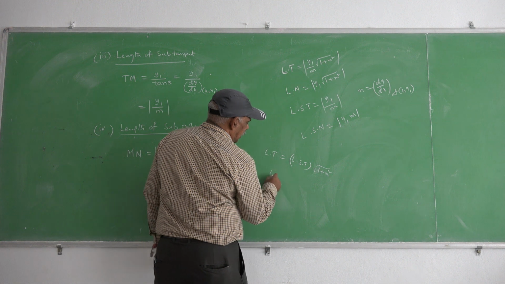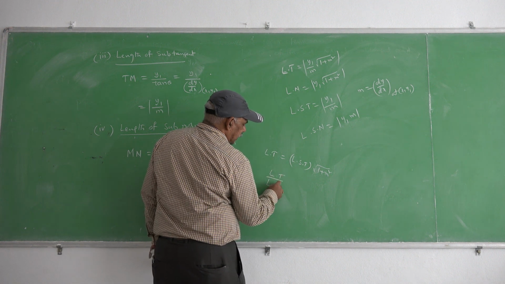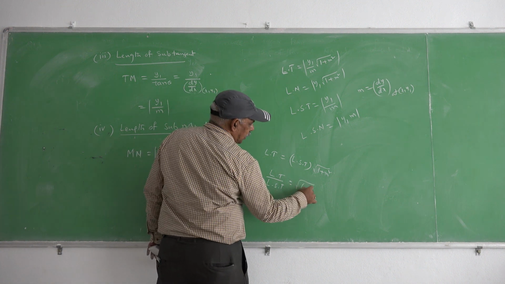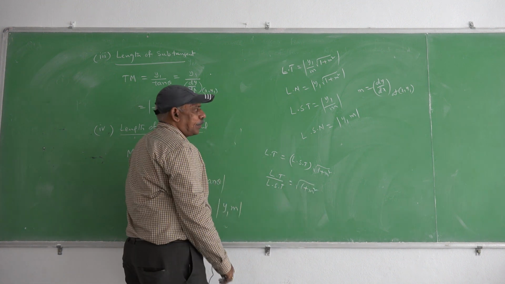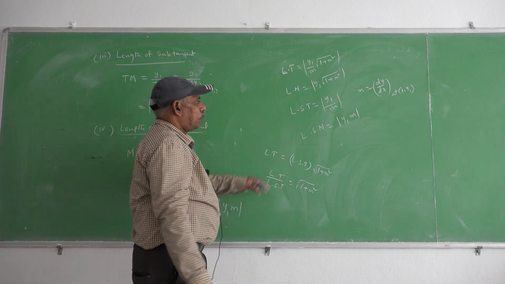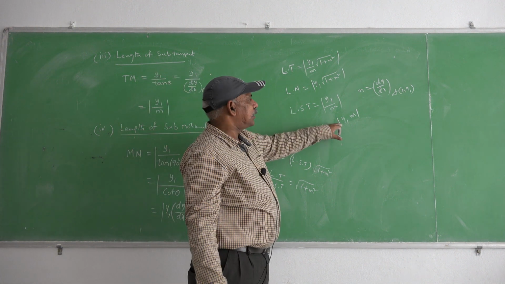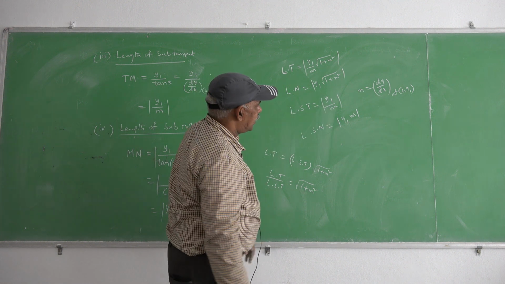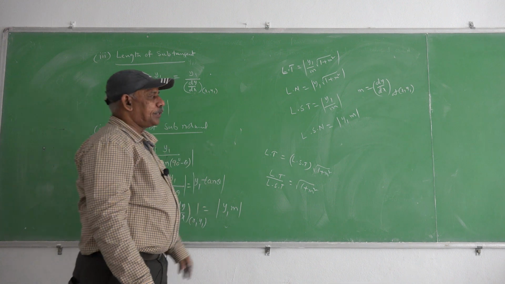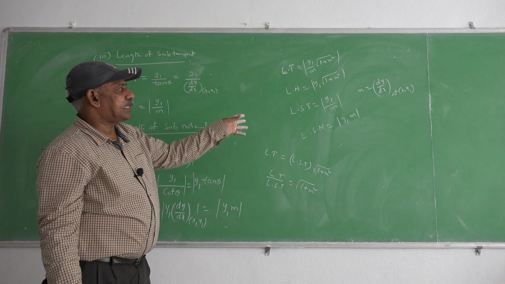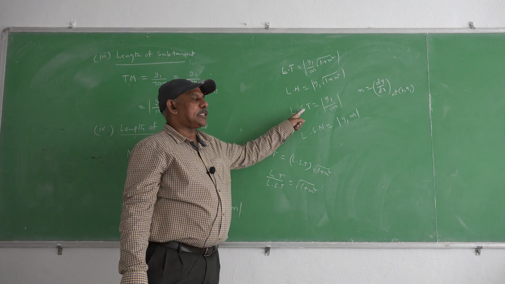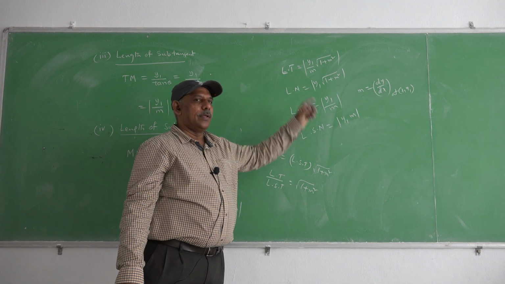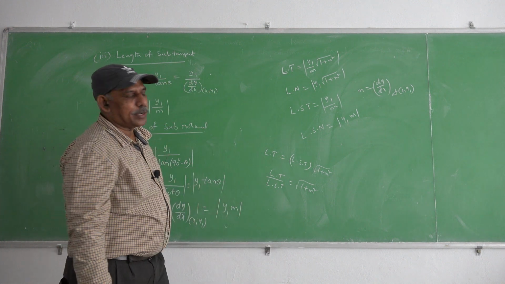So the length of tangent by the length of subtangent is root over 1 plus m square. Moreover, the product of length of subtangent and length of subnormal gives us y1 square. So in such a way you can develop the relation between these lengths: the length of subtangent multiplied by the length of subnormal is the square of the ordinate, y1 square.